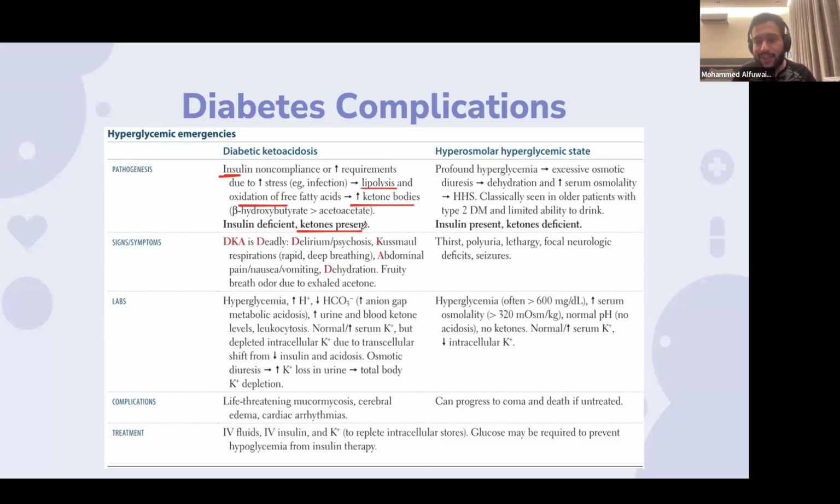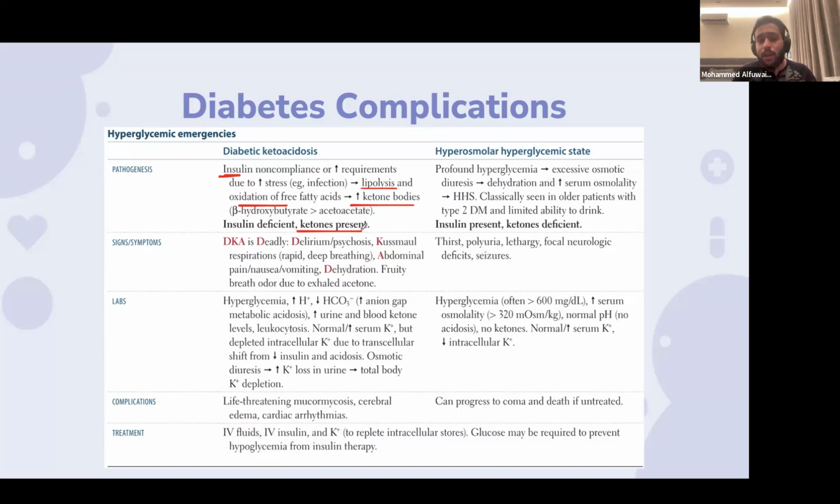From the name, ketoacidosis, acid, low pH. Now, ketoacidosis is a metabolic acidosis. Is it a high anion gap or low anion gap? High anion gap, because it's replaced with ketones. That's what's causing the anion gap, okay?